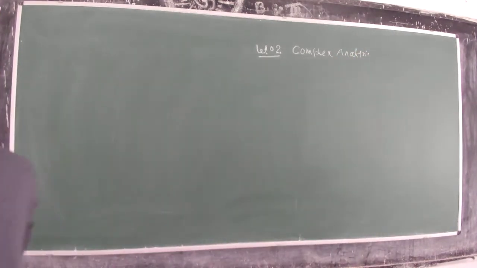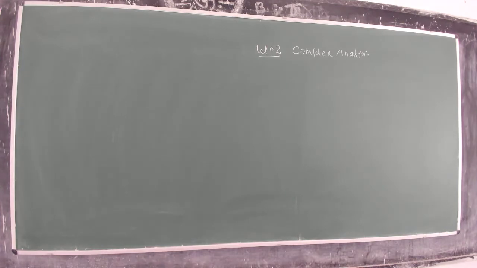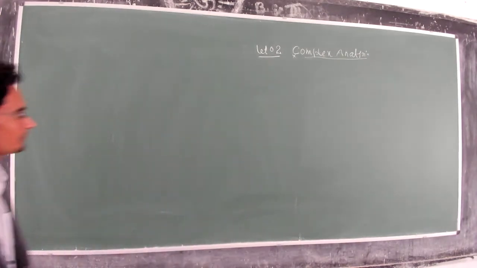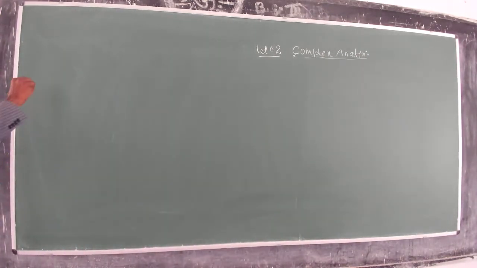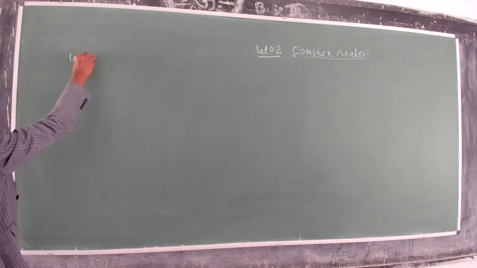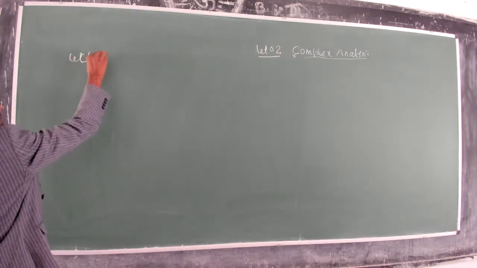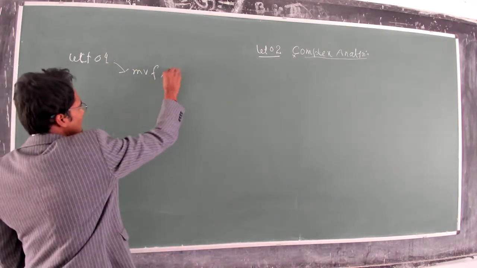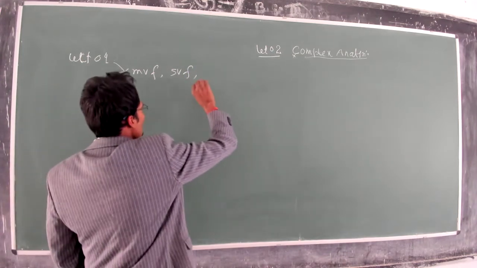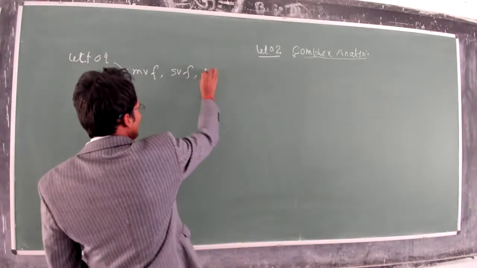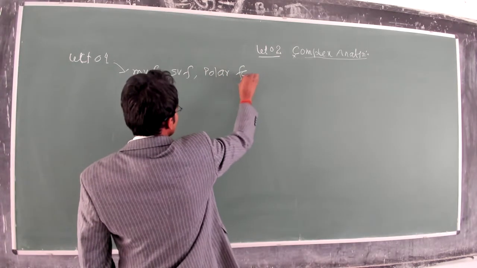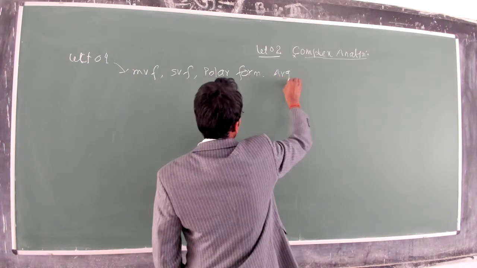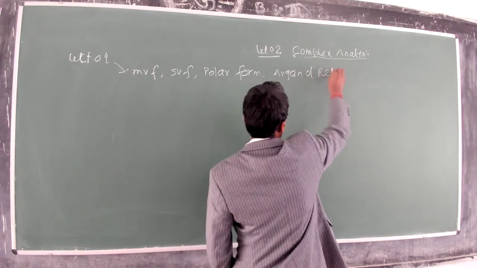Let us recall from our previous lecture, lecture 1. We had seen the multi-value function and the single value function, and also the polar form and the Argand representation.